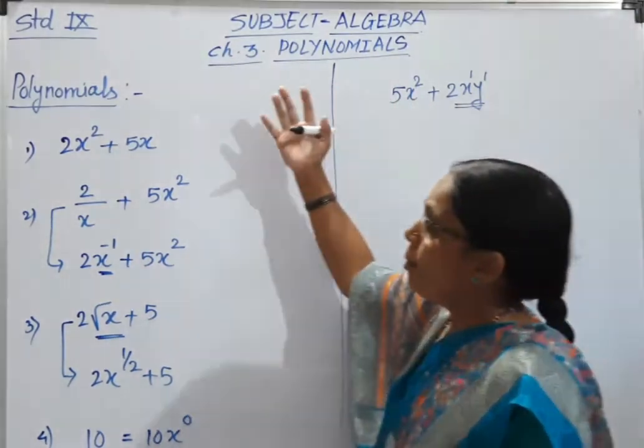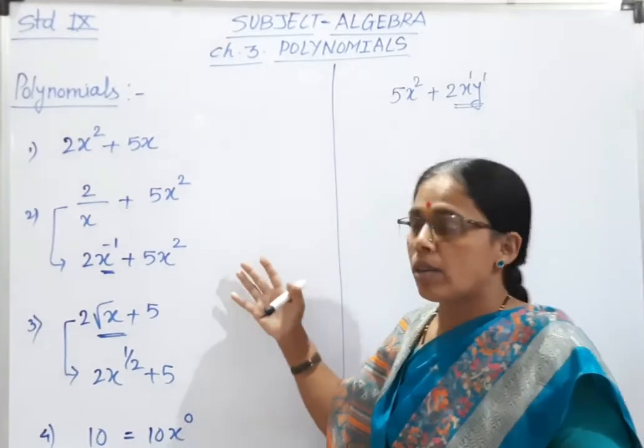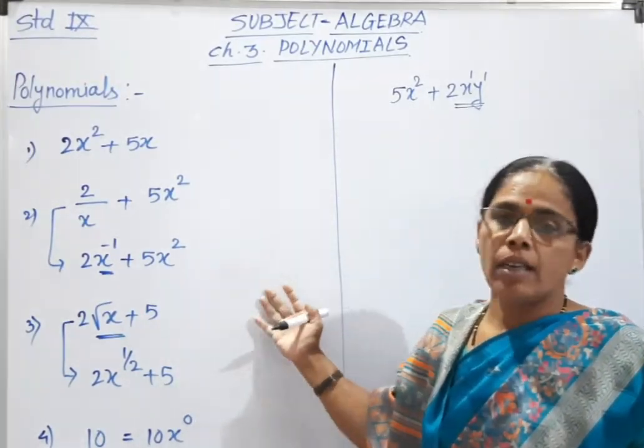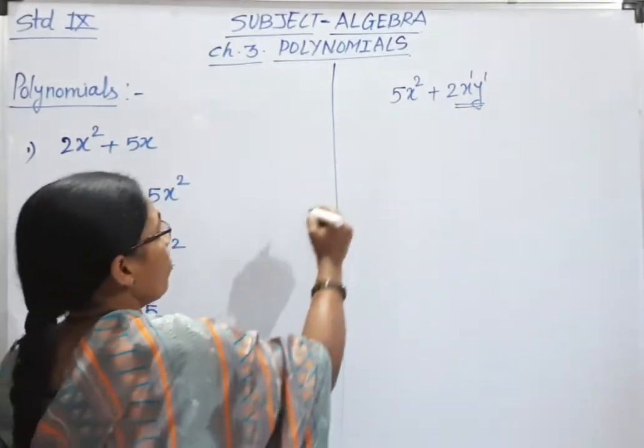So when any algebraic expression is given in one variable with the degree a whole number, then it is called a polynomial. So how to find the degree of the polynomial?